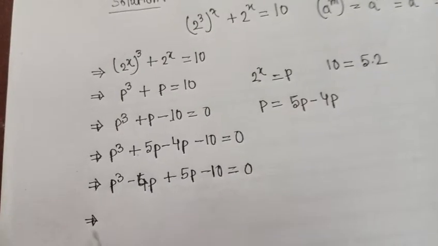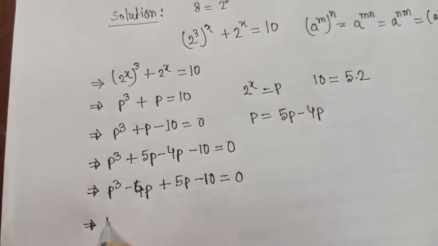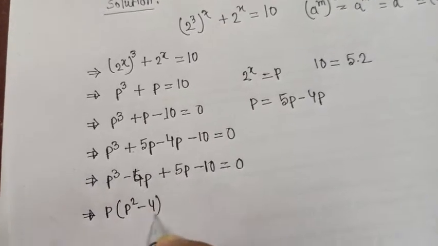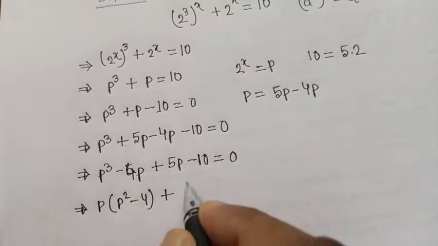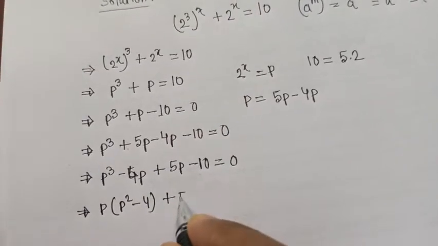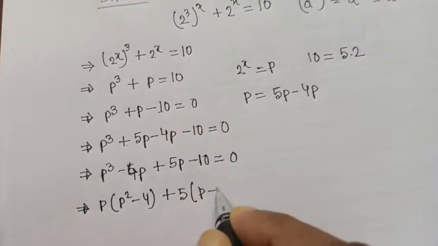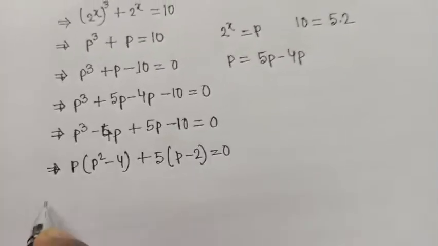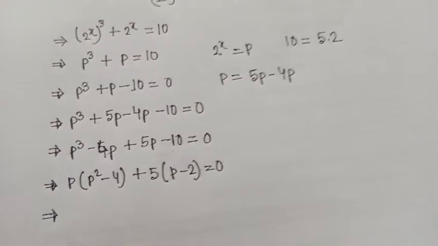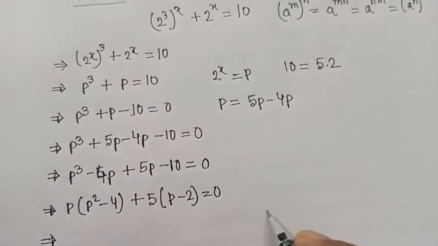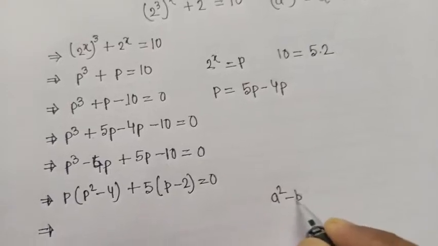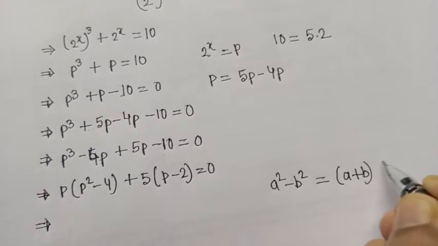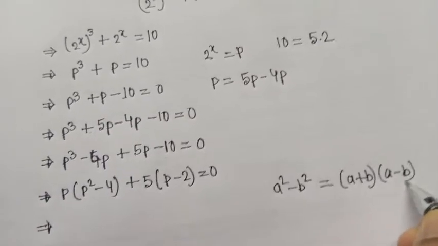Now if we take common just p, the rest part will be p square minus 4, and if we take common 5 from these two terms, the rest part will be p minus 2 equals 0. So here we know the formula a square minus b square is equal to a plus b multiplied by a minus b.